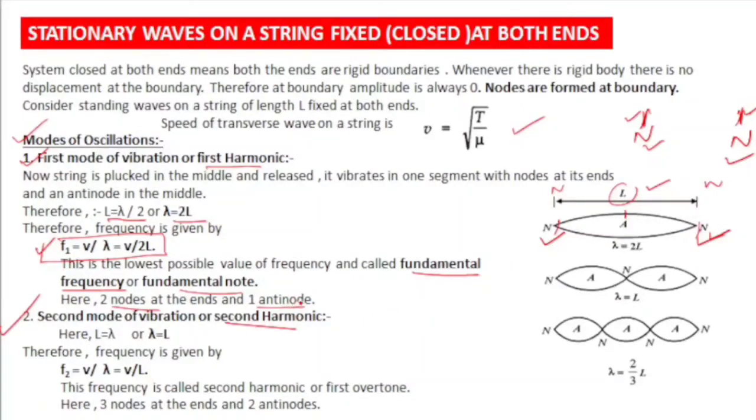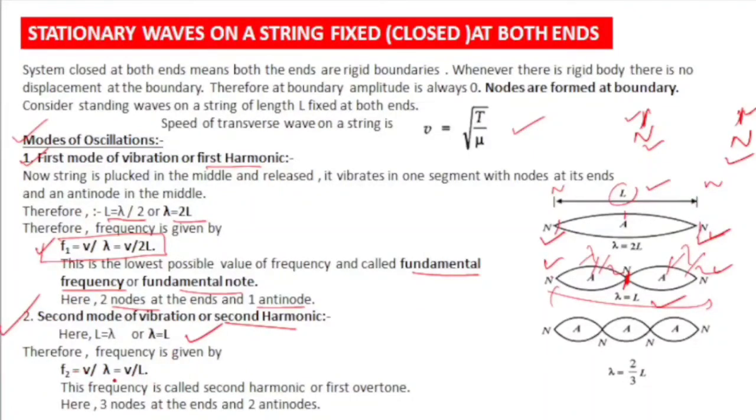Now, after this, the second mode of vibration, or second harmonic. For this one, you pluck the string at two points. In this case, nodes are always formed at the ends, one node is formed in the middle also, and two antinodes are formed between them. So in this case, 3 nodes and 2 antinodes are formed, and the distance between node and node is lambda by 2, and again lambda by 2, and the total length of the string is L. So L is equal to lambda in the second mode of vibration.